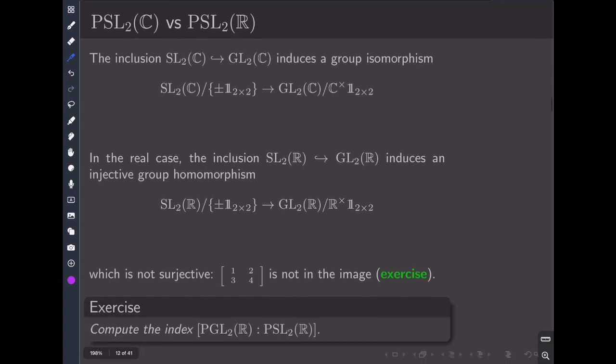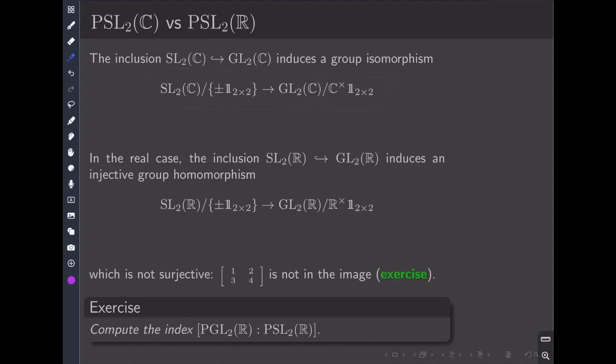Okay. So some considerations about groups of matrices. I would say this is a very easy exercise. The inclusion of the special linear group into the general linear group induces this isomorphism.